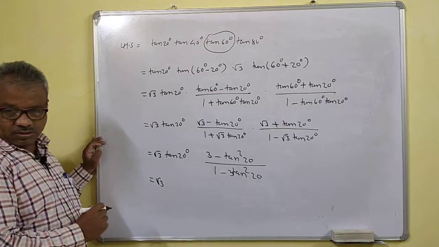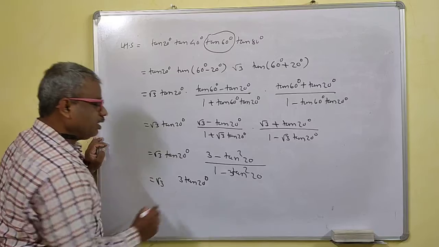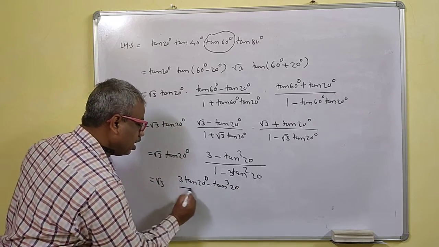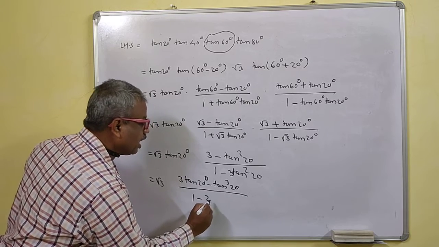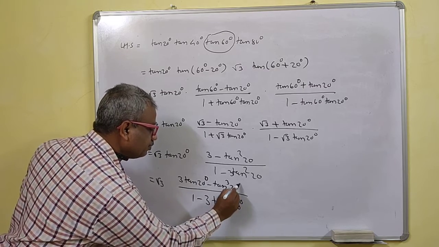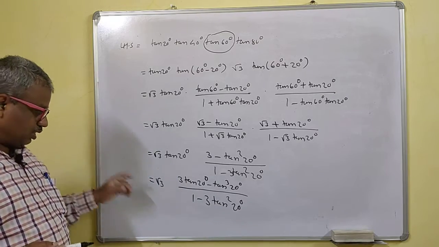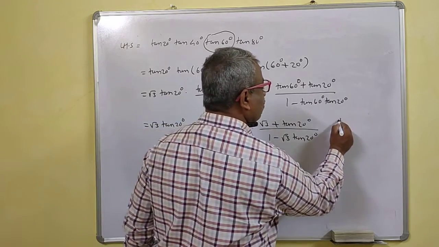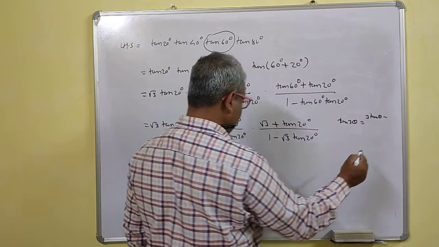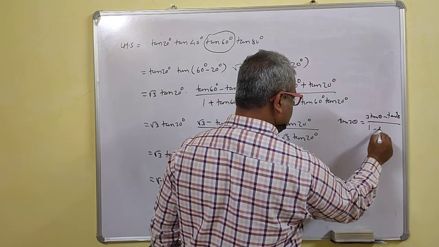Root 3 times this gives 3 tan 20 degree minus tan cube 20 degree, upon 1 minus 3 tan square 20 degree. Everywhere it is 20 degree. Okay, now see, what is the formula for tan 3 theta? 3 tan theta minus tan cube theta upon 1 minus 3 tan square theta.